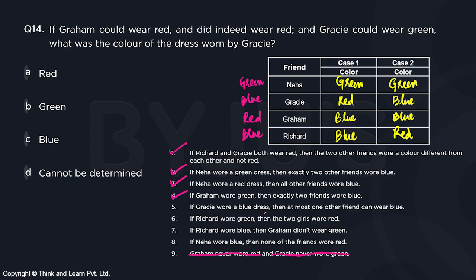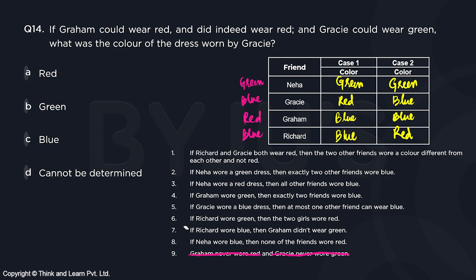If Gracie wore a blue dress, then at most one other friend can wear blue. This is true. If Richard wore green, he doesn't. If Richard wore blue, he doesn't. Achha, he does. Then Graham didn't wear green. This is perfectly fine. If Neha wore blue, she doesn't. So we can say that this green, blue, red, blue scenario is possible.